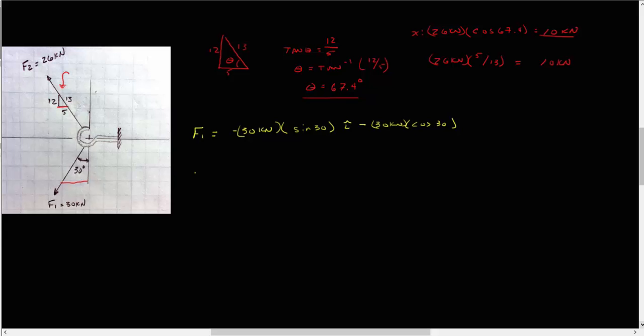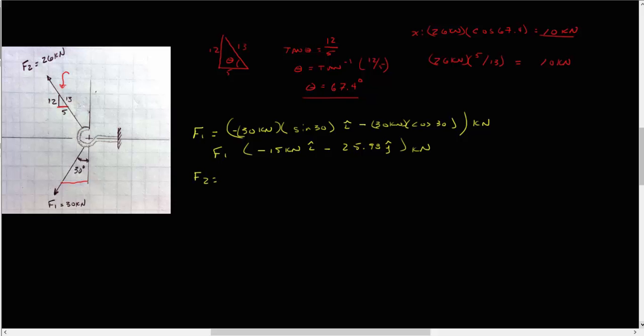Let's go ahead and put our answers here, all in kilonewtons. I got negative 15 kilonewtons i minus 25.98 j kilonewtons, and that's force 1.